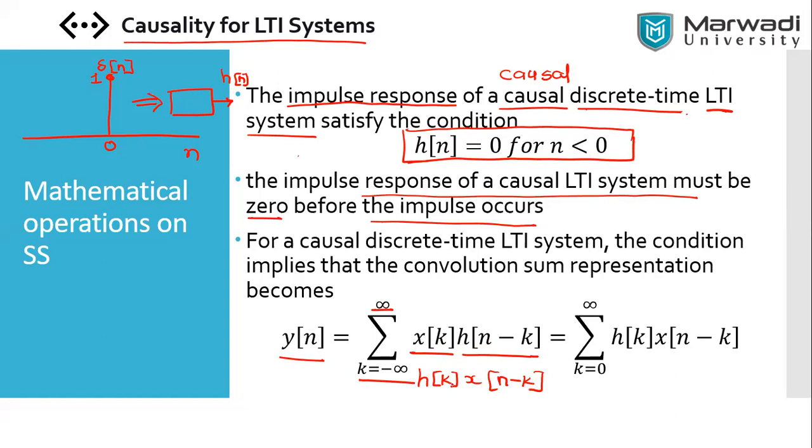We have already seen this in the first few slides. Okay, now h of k exists only for n greater than or equal to 0.